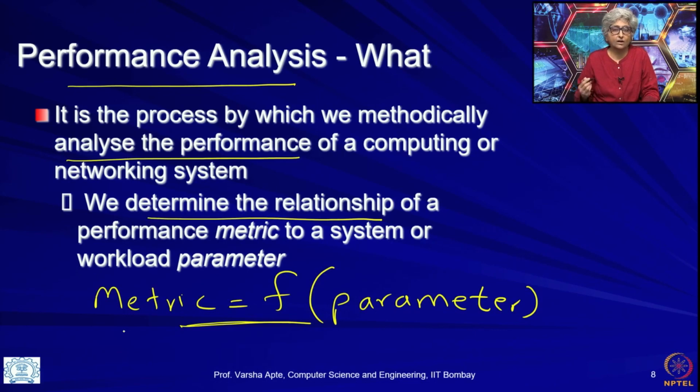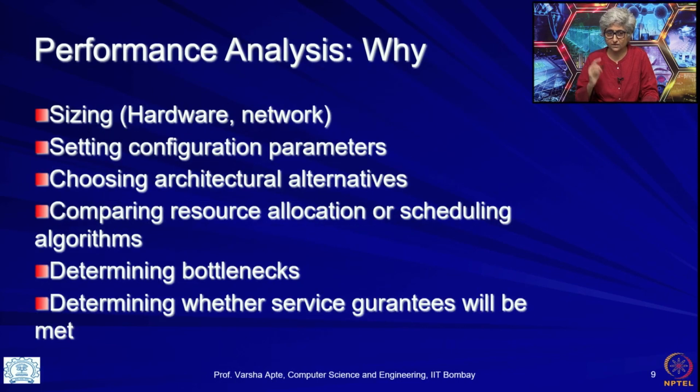Now that we know what we are talking about, the next question has to be why. Why do we need to do this? There are many reasons. One is sizing. What is sizing? Sizing means being able to determine the number and speed of resources that you need for something.